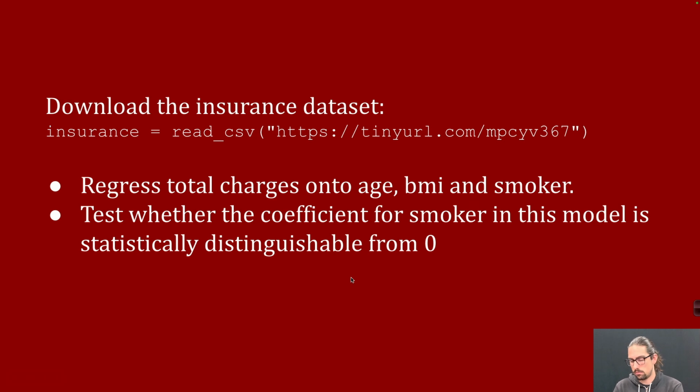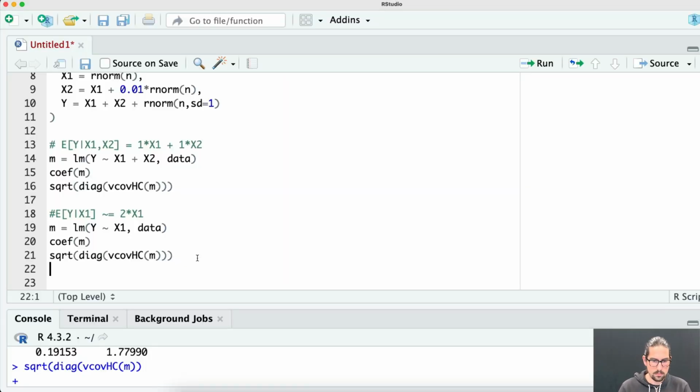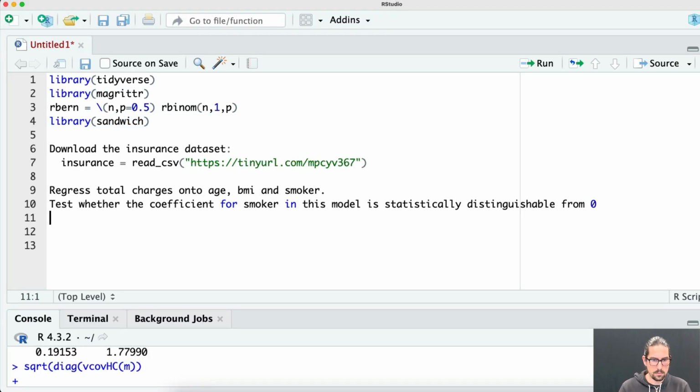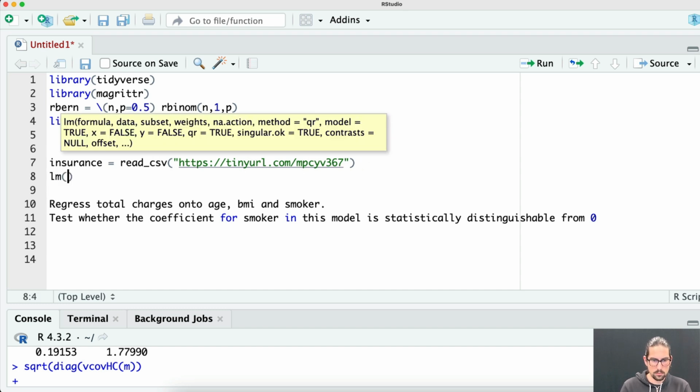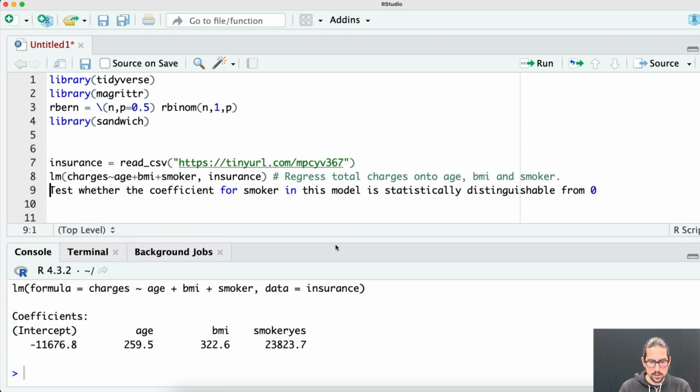So let's just practice doing this concretely. Okay, so these are the coefficients I get. And now what we want to test is whether this smoker coefficient is statistically distinguishable from 0.